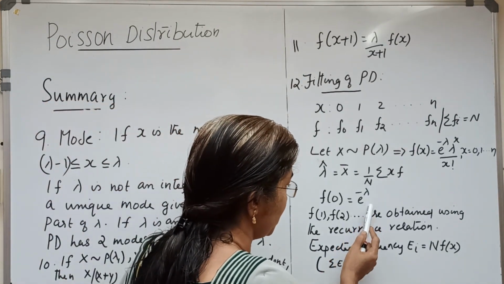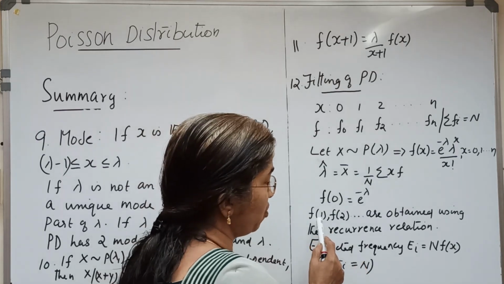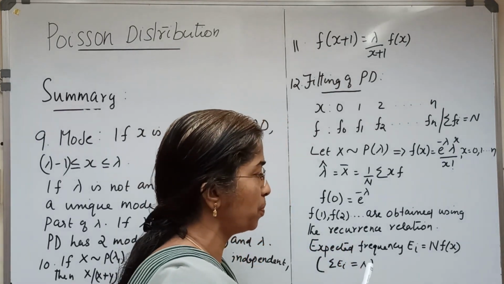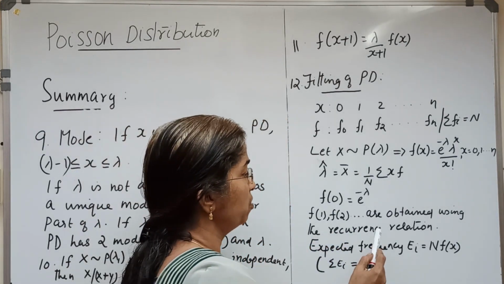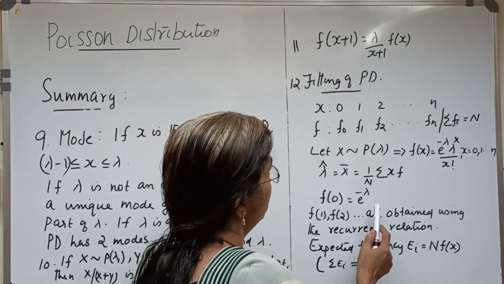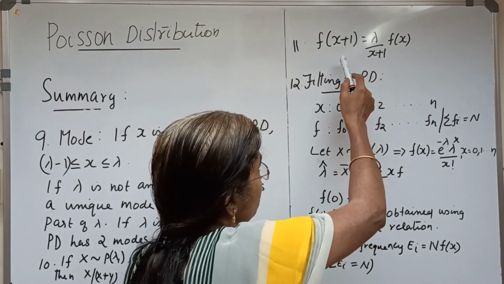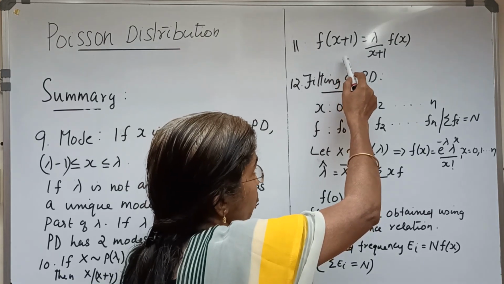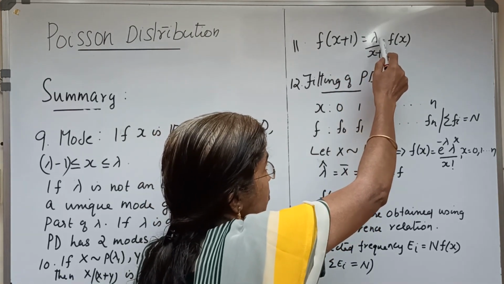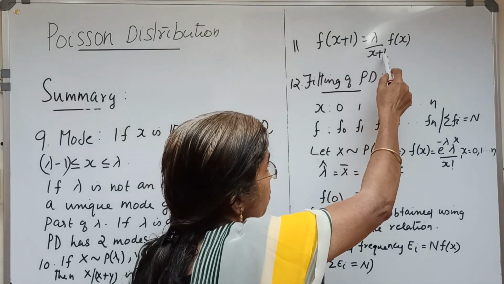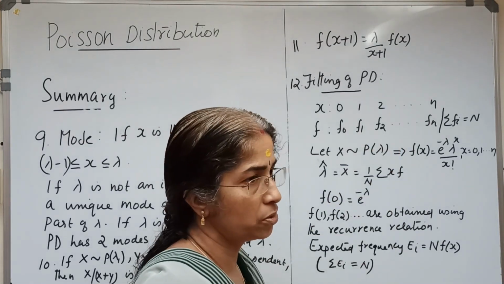Now using this f of x, we can obtain f of 0 as equal to e raised to minus lambda. Then f of 1, f of 2, the probabilities are obtained using the recurrence relation. That is, by putting x equal to 0, we get f of 1 as equal to lambda by 1 into f of 0.